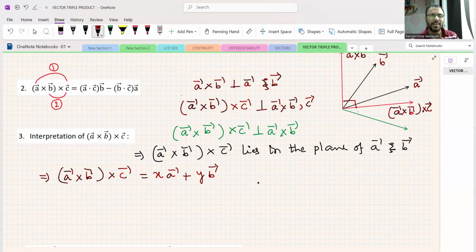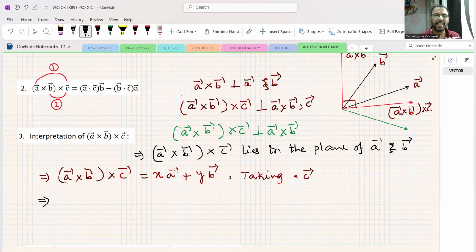Now we need to find out X and Y. Taking dot C bar on both sides, what will you get? We get that.